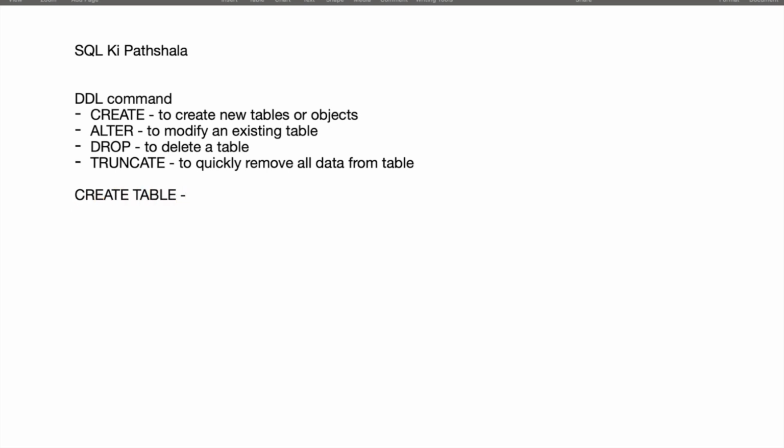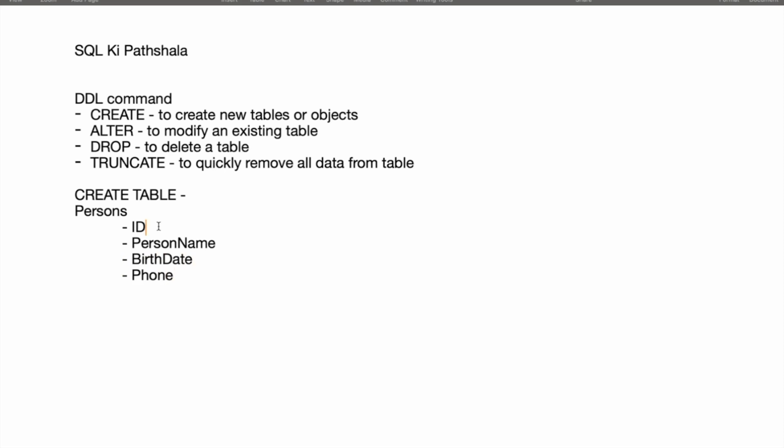Imagine you have built a table called person with these columns. In the person table, what all things do you have? You have ID, person name, birth date, and phone number.